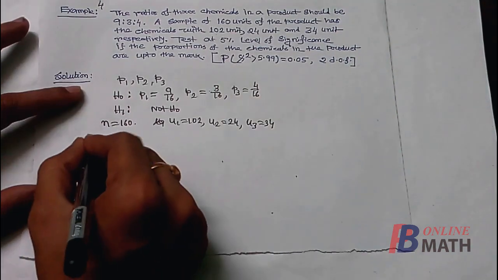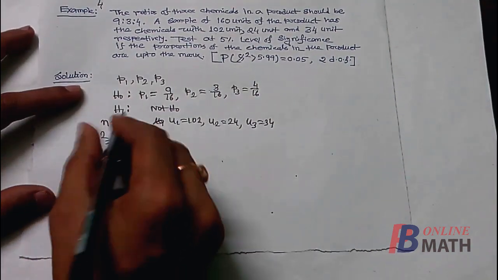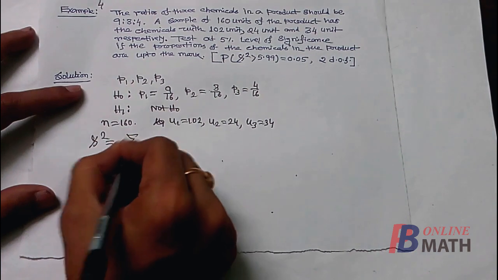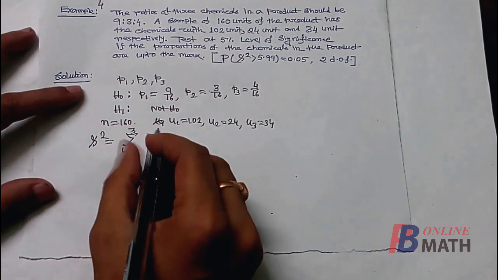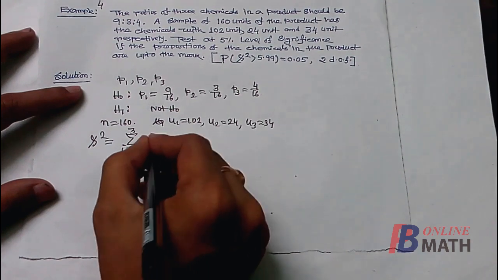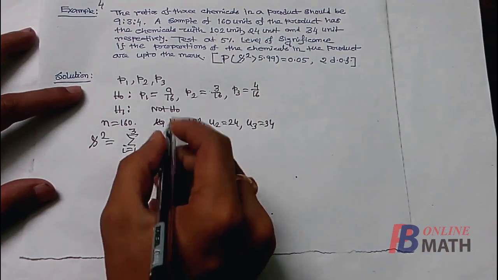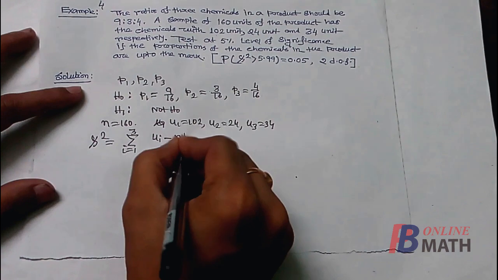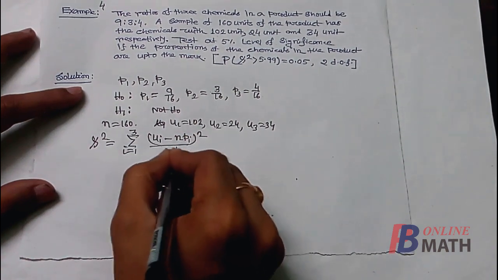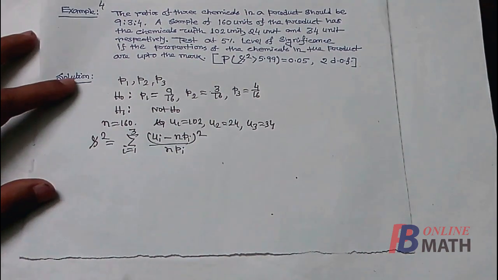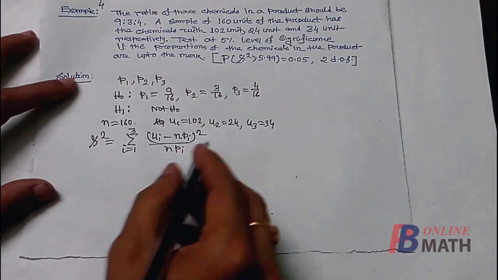So we shall write the test statistic. It is chi-square equal to summation over i equal to 1 to 3 of (ui minus npi) whole square divided by npi, with degrees of freedom 3 minus 1, that is 2.